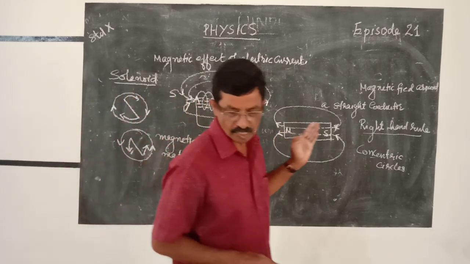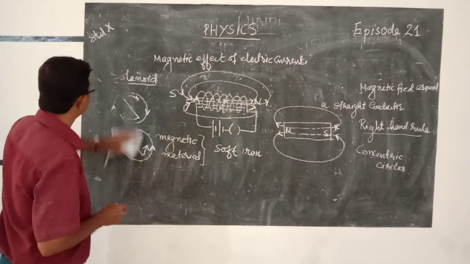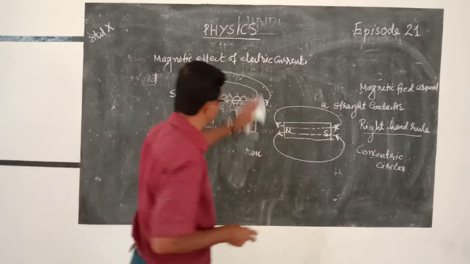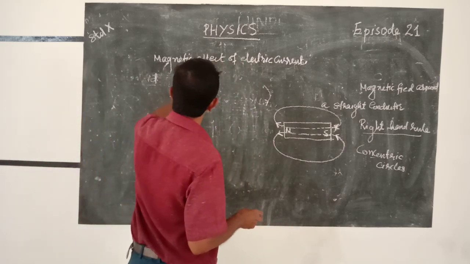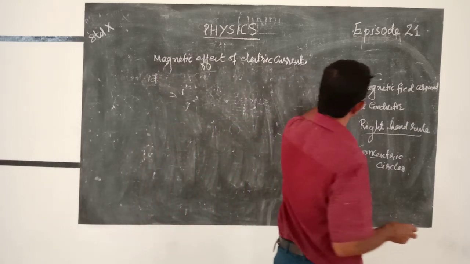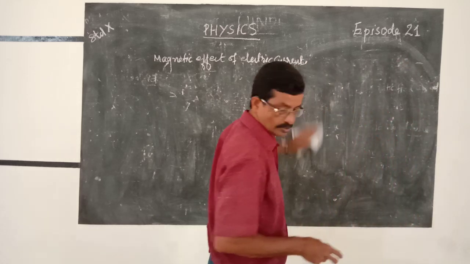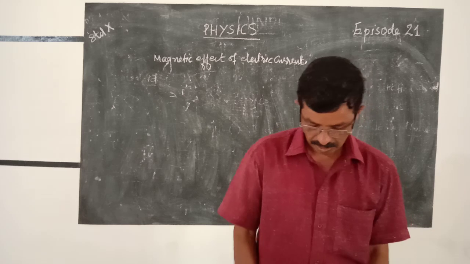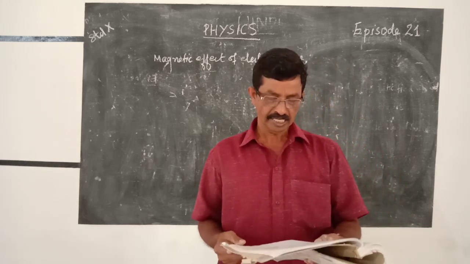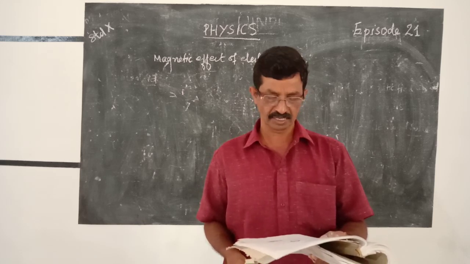Now here some questions related to this are given. Let us answer them. The first question given is, consider a circular loop of wire lying in the plane of the table.